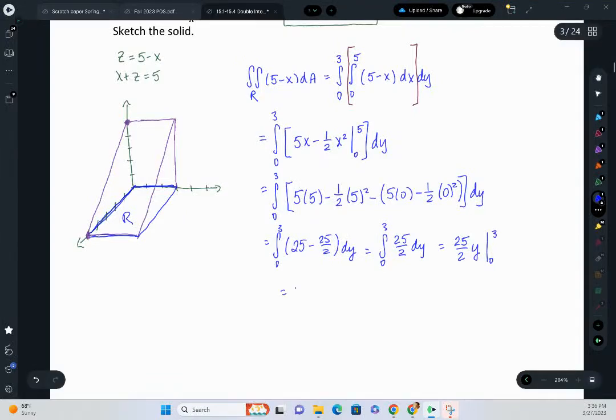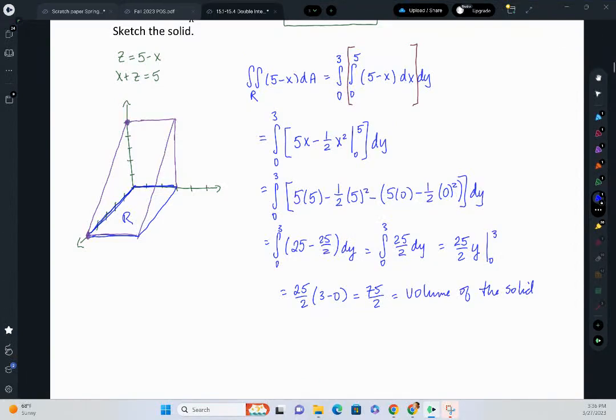So this is equal to 25 halves times 3 minus 0, or in other words, 75 over 2. Okay, that's it. That's what we got. So this is the volume of the solid, and it is 75 over 2 cubic units, whatever they happen to be.